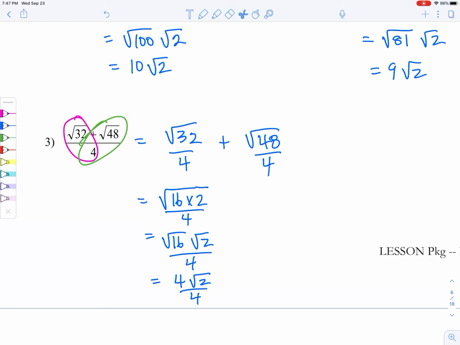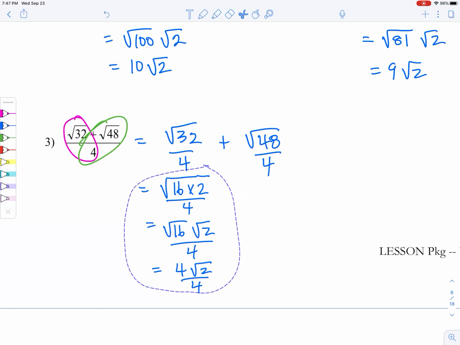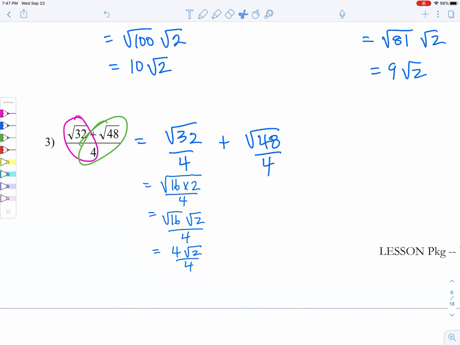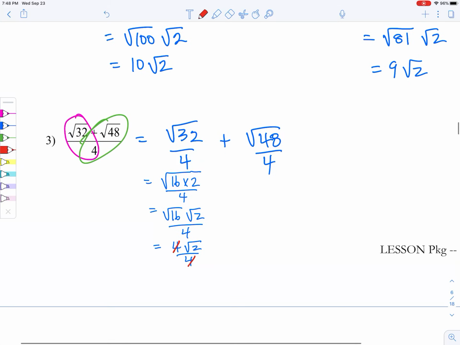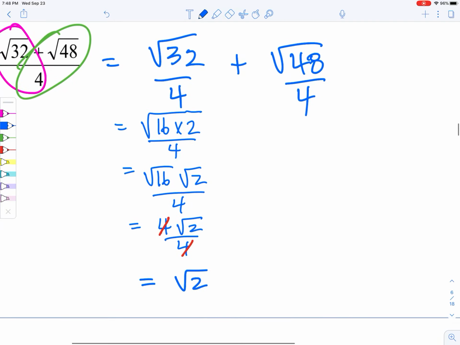And I'm going to move this all up. I'm going to make it a little bit smaller because I ran out of room, because then I would like to simplify this and cancel the 4 with the 4, and I'm left with just root 2. And for root 48 over 4, plus root 48 happens to have a 16 hiding in it as well, so I can write that as root 16 times 3, all over 4.